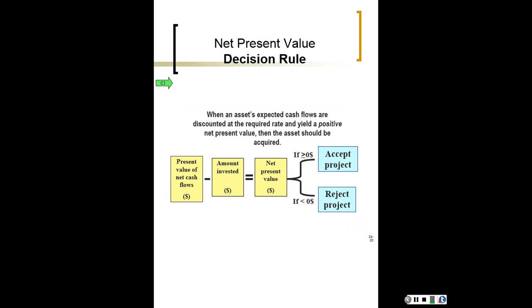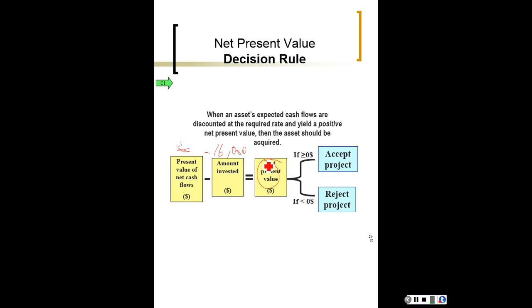Well, the net present value decision rule is when an asset's expected cash flows are discounted at the required rate and yield a positive net present value, then the asset should be acquired. So we take the present value of the net cash flows, subtract it from our initial investment, which was about $16,000, and we look at our net present value.